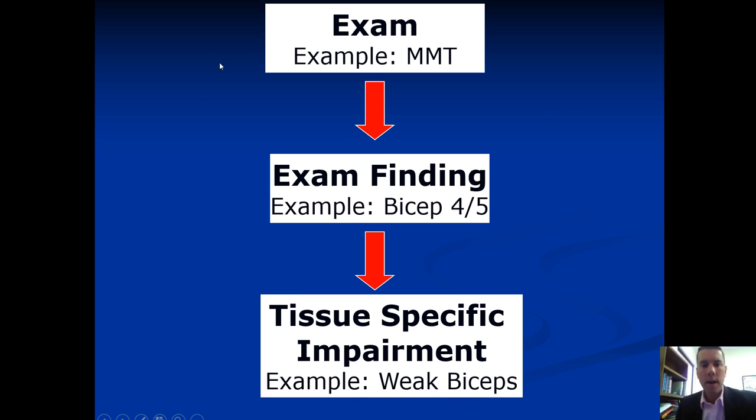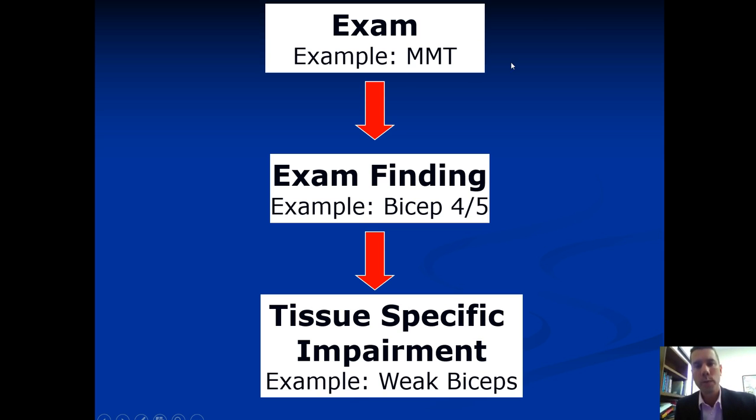All right, so we're going to talk about how you get a tissue-specific impairment. This is really important. It all comes from the exam step, all right? So in this case, we have an exam step or an exam test, which is a manual muscle test for this example. A manual muscle test is a strength test. We're going to do it for the biceps.